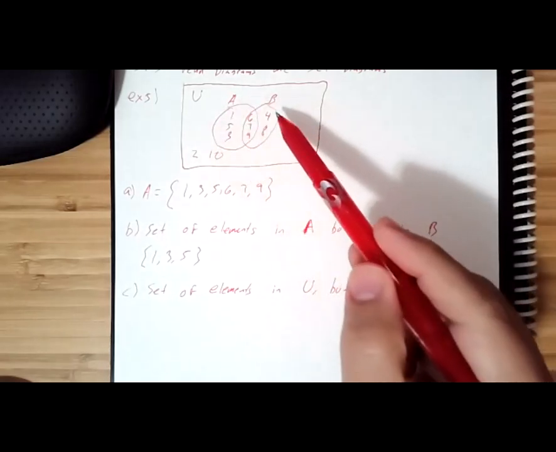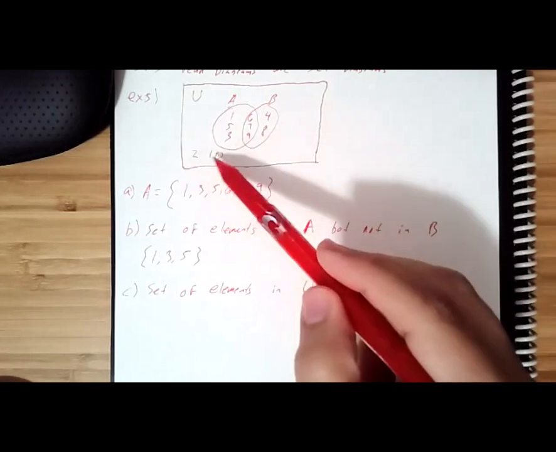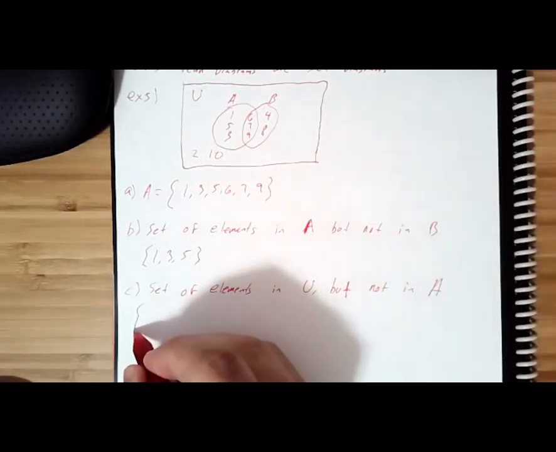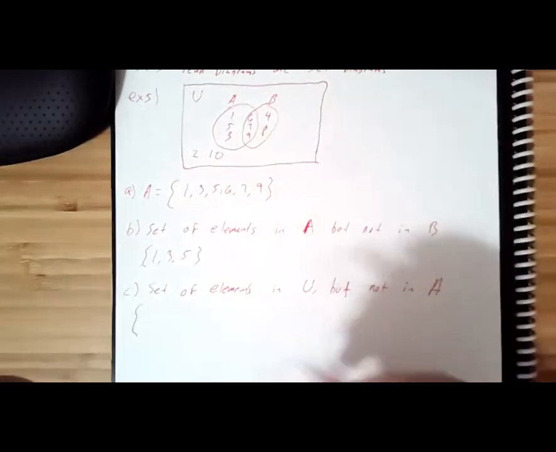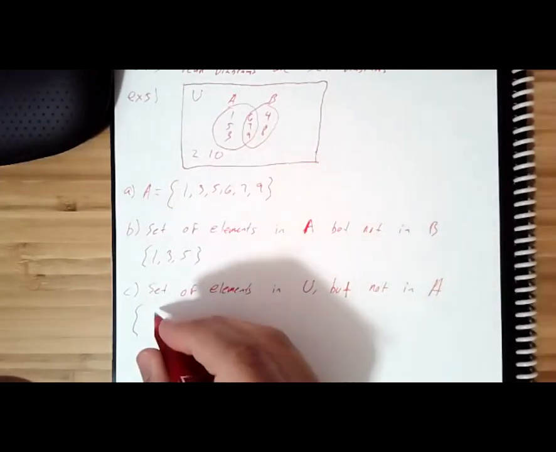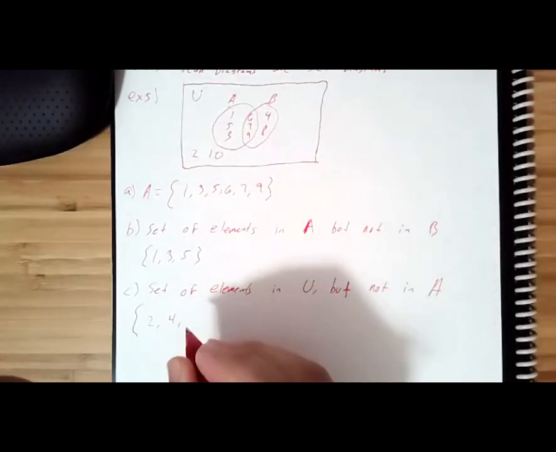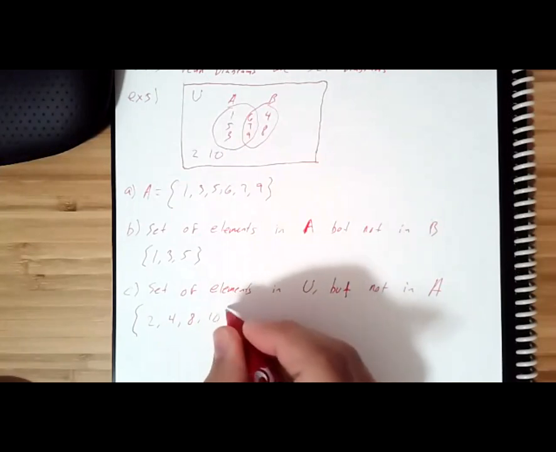So 4 and 8, 2 and 10. So not in A, but inside the box U. So 2, 4, 8, 10.